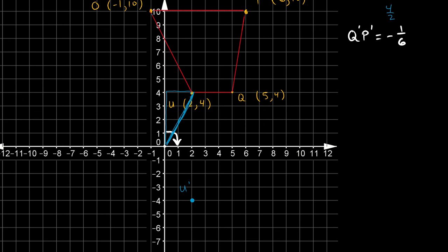I'll use this bright green. And now from the origin to Q, right? Now I want to make a right angle with that, because as I rotate this entire thing 90 degrees, this whole line segment that I've drawn is going to rotate also. Well, that slope from the origin is up 4 units over 5 units, up 4 over 5.